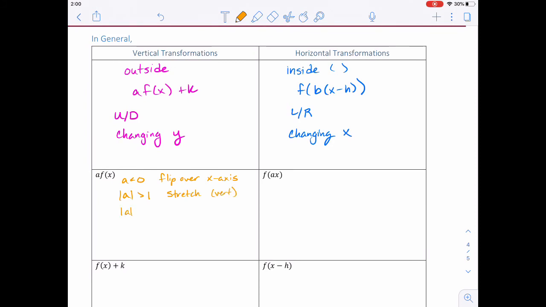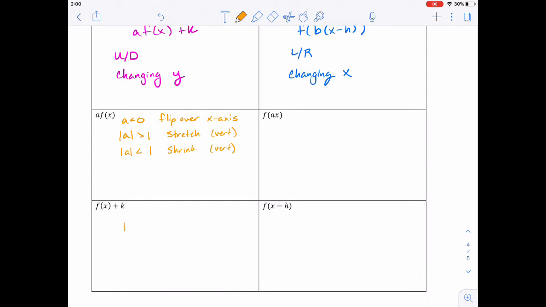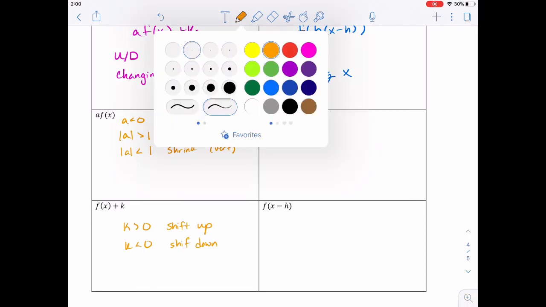If that absolute value is less than 1, then we have a shrink vertically. And then our outside number, if it is positive, is going to move up. And if it is negative, is going to shift down. Those are vertical shifts as well.